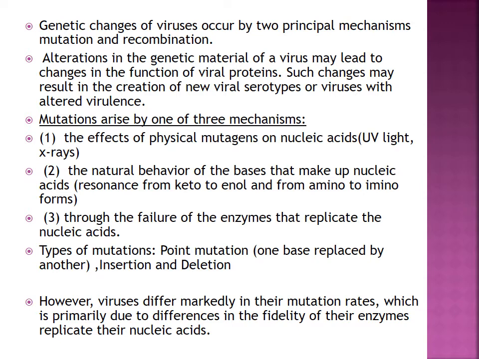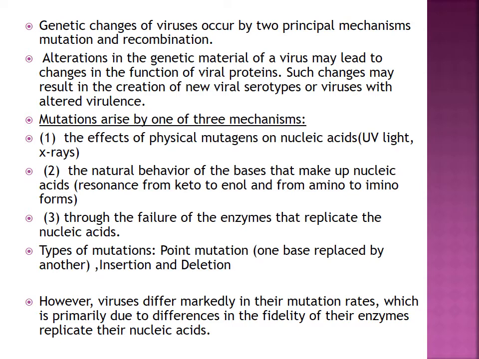Mutation arises by one of three mechanisms: either under the effect of physical mutagens such as UV light and X-ray, or by the natural behavior of the bases that make up the nucleic acid, or through the failure of enzymes that are responsible for nucleic acid replication.